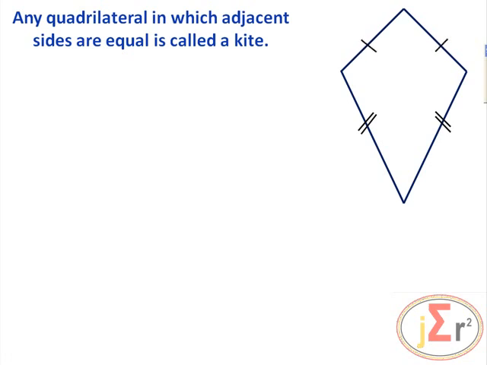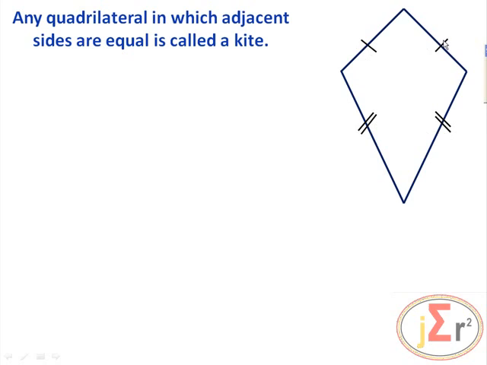Notice that we have here, Jerry, these two sides marked with 2 dashes and these two sides marked with 1 dash. Therefore, these two sides are equal and these two sides are equal.